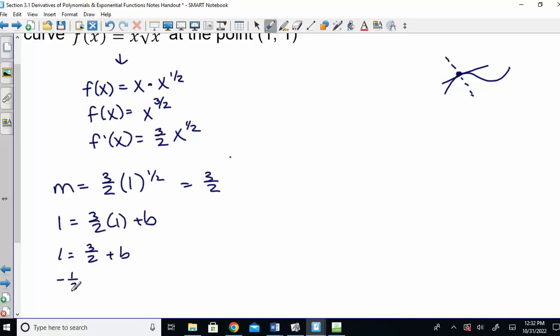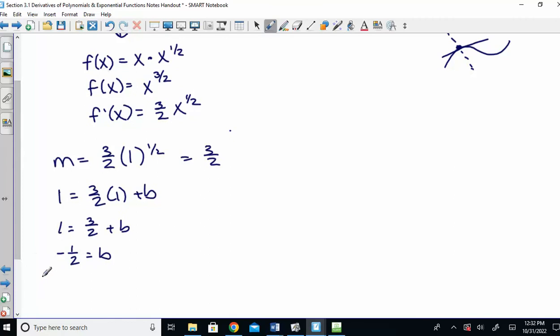Subtract that over, and we get negative 1/2 for the y-intercept. So the tangent line is y equals 3/2 x minus 1/2.